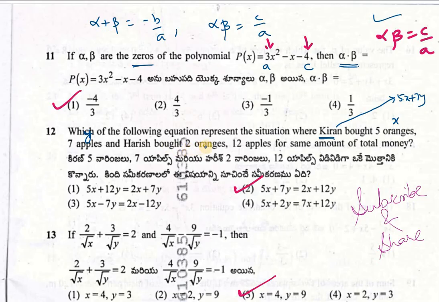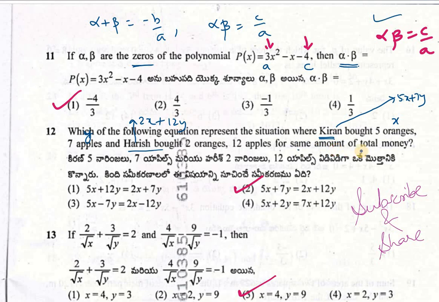And Harish bought 2 oranges, which we said is x, so 2x, plus 12 apples, which we said is y. So 2x plus 12y.